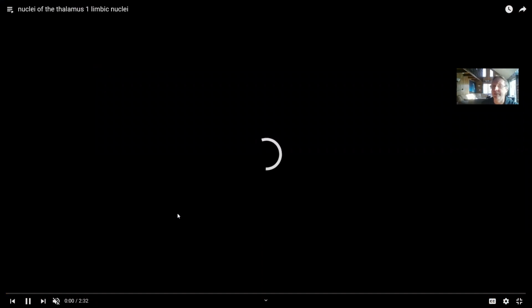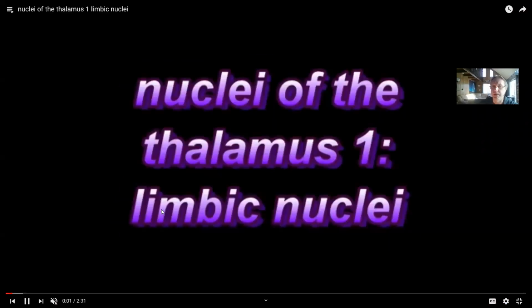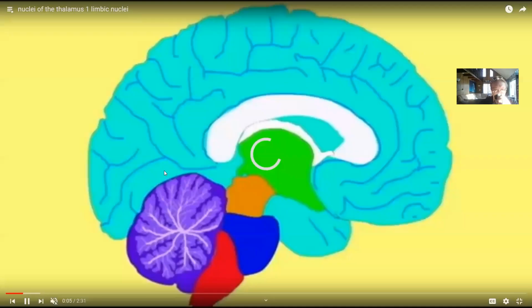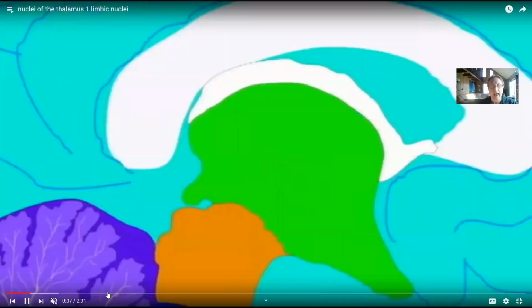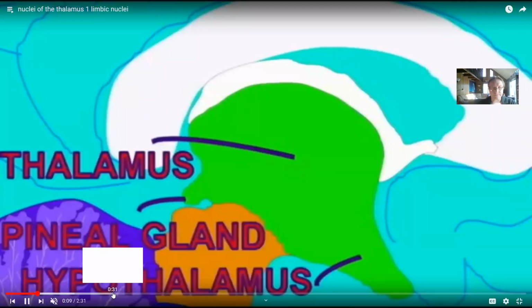Now, something I go through in far more detail than I'm going to now is we could look at the various parts of the thalamus and ask, what do they do? The thalamus is so important, as is the hypothalamus, that we split it into separate clusters of soma, or nuclei, and then I go through what all of them do. The quick synopsis is some of these serve a limbic function.